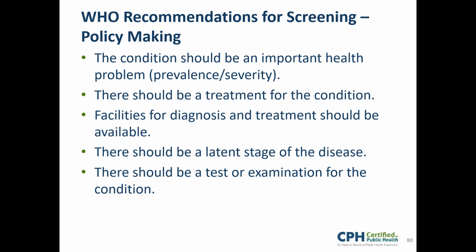There should be facilities for diagnosis and treatment. So if you're going to do a screening, you need to be able to send people who test positive somewhere for confirmation or treatment. There should be a latent stage for the disease, which means there's a stage where it's asymptomatic. And there should be a reliable test or exam for the condition.